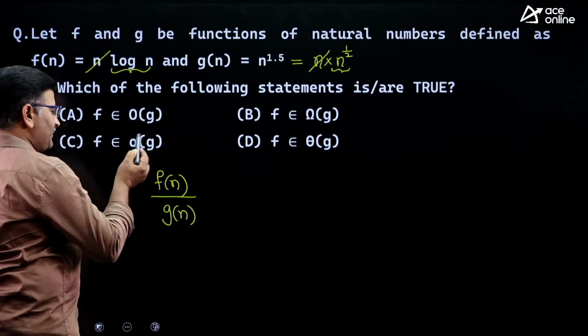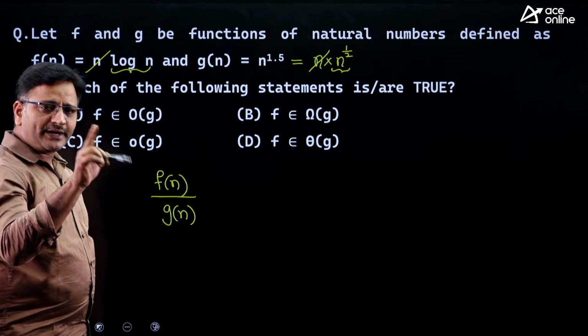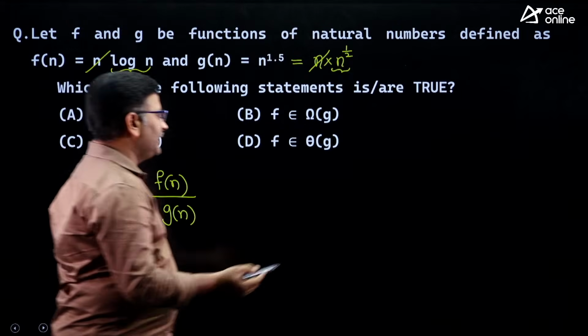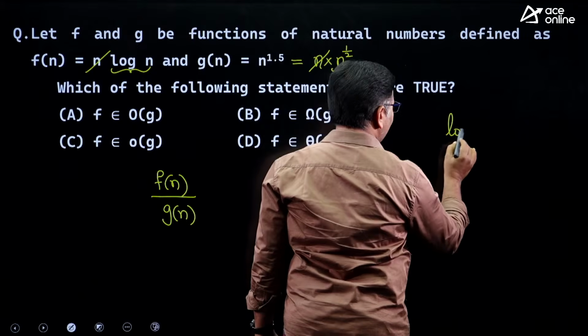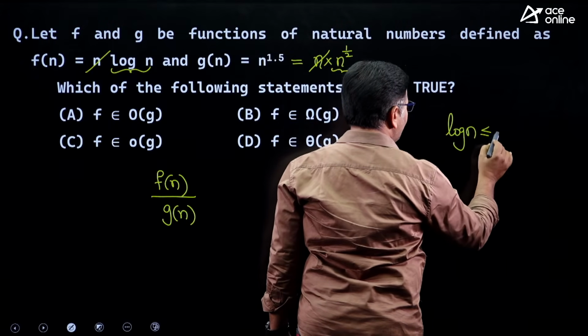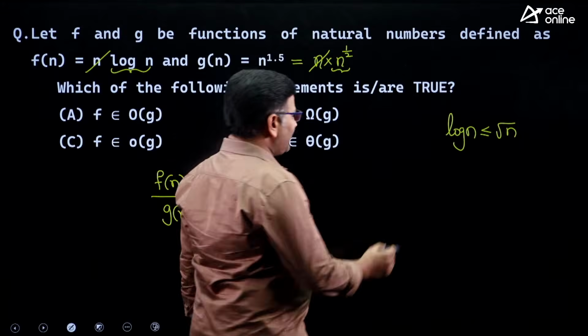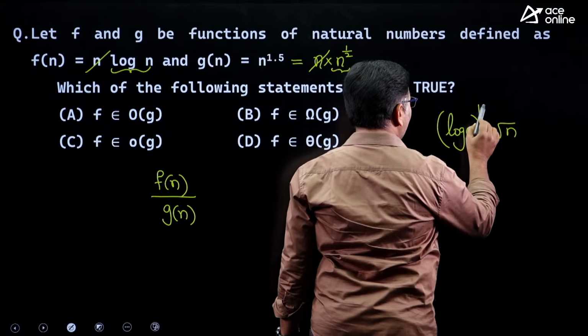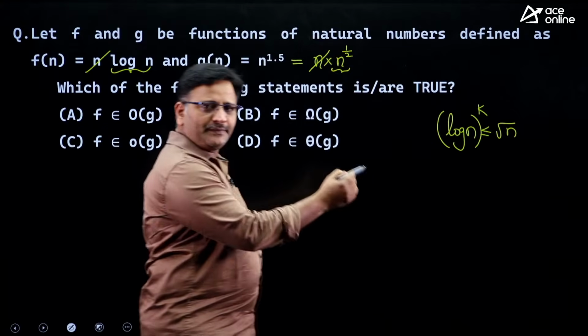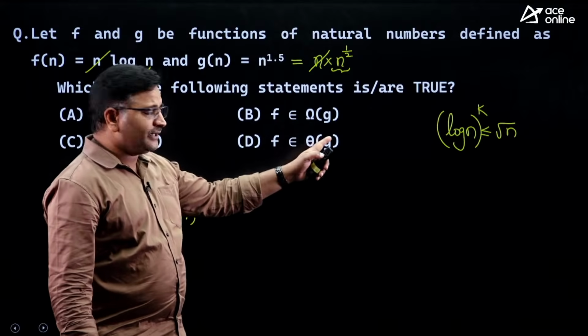In the class we did this type of model multiple times. You know the log n growth rate is always less than or equal to root n. Not only log n, but log n whole to the power of k is also less than or equal to root n. We discussed this multiple times. If you already have that idea, no problem.